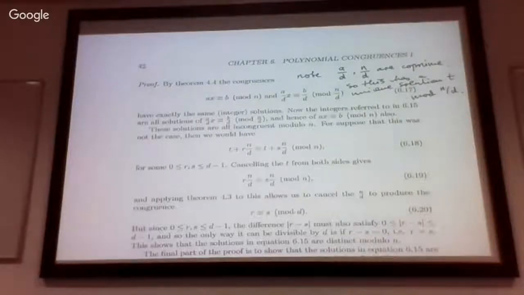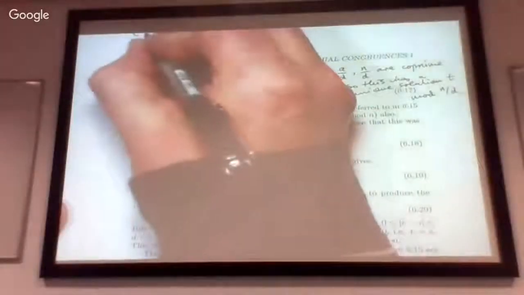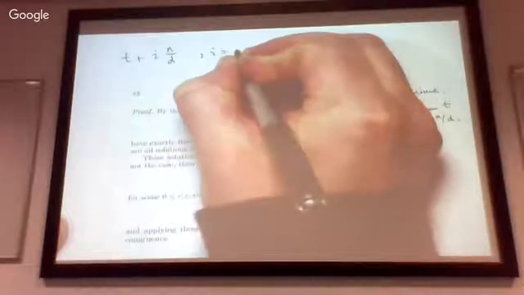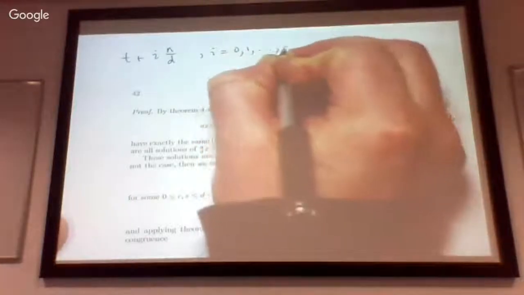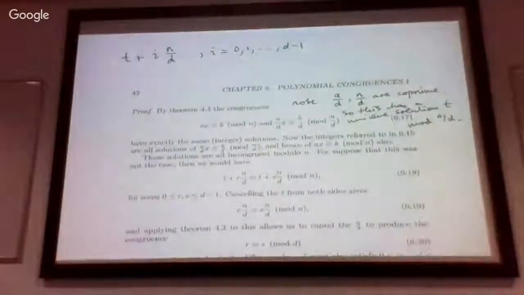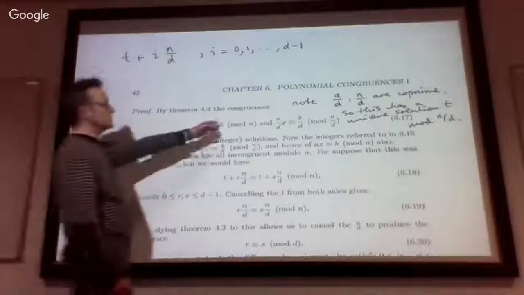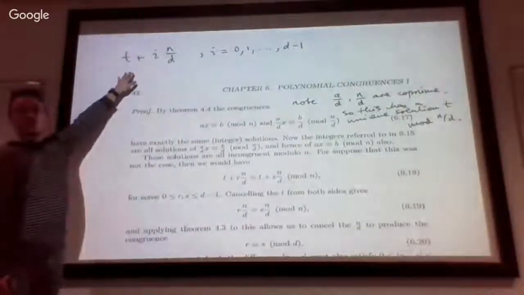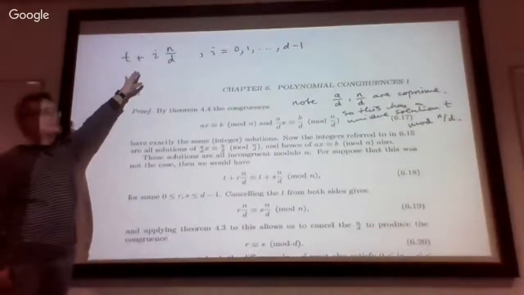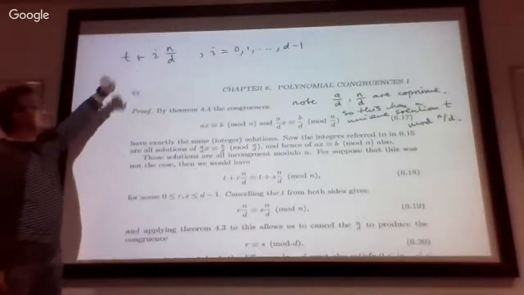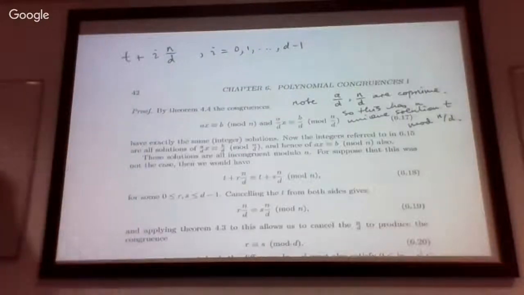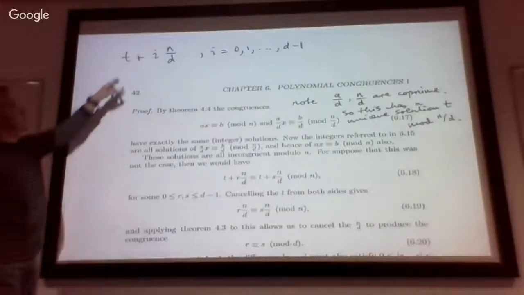Now, all of the integers that are named in the theorem, I'll just repeat it up here so we can see it: t plus i times n over d, where i goes from 0, 1 through d minus 1. If t is the solution of this, then all of these numbers are in the same congruence class as t modulo n over d, because you're adding on multiples of n over d onto t.